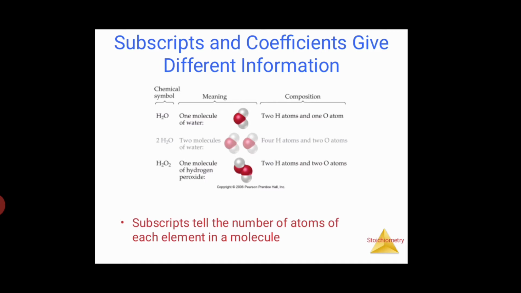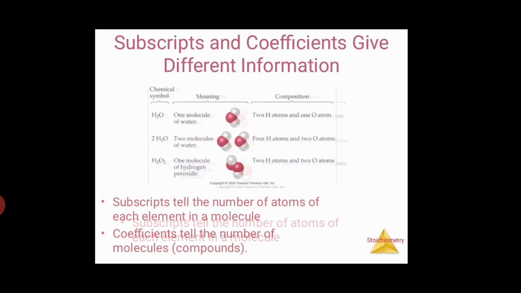H2O2 is a different compound, 1 molecule of hydrogen peroxide, which has 2 hydrogen atoms and 2 oxygen atoms. So subscripts tell the number of atoms of each element in a molecule. Coefficients tell the number of molecules, compounds, or moles in a given equation.